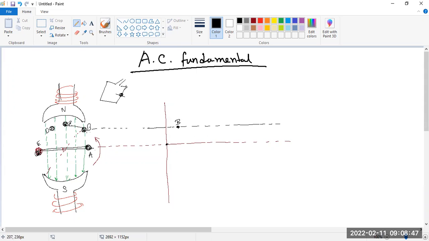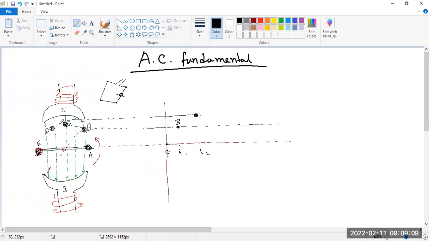Whenever it is coming to C, after some time, this is time 0, T1, that is T2. You can see some flux linkages are cutting, and this is the highest number.